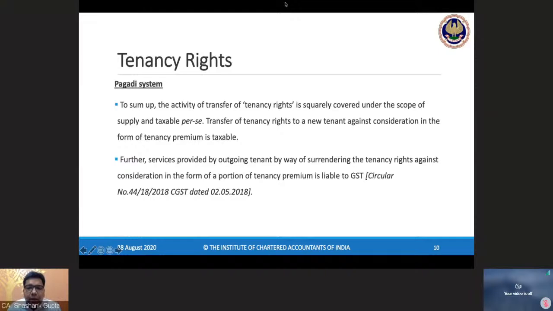Please be with us till the valuation chapter, okay? We'll discuss this there, don't worry. Thank you, Anita. Dilip Kumar is asking whether tenancy right transfer is an intangible asset. Tenancy right, not tenancy right transfer, but tenancy right is an intangible asset. Okay?